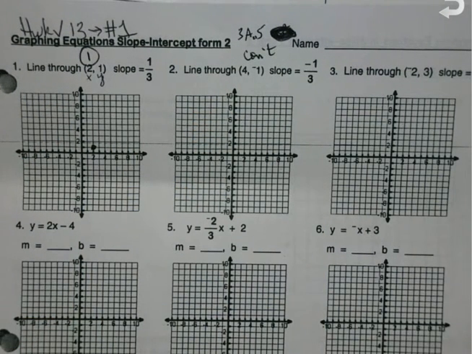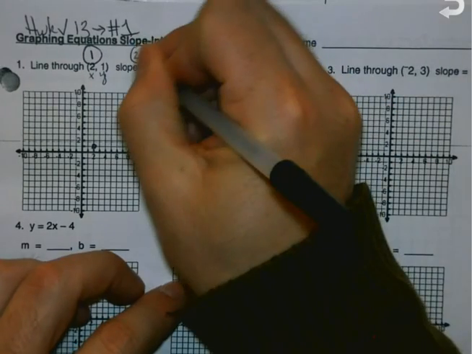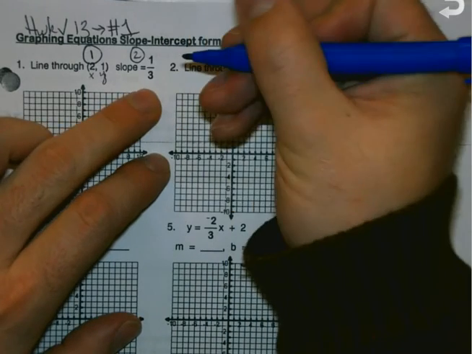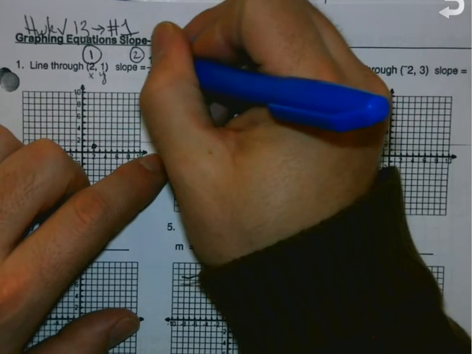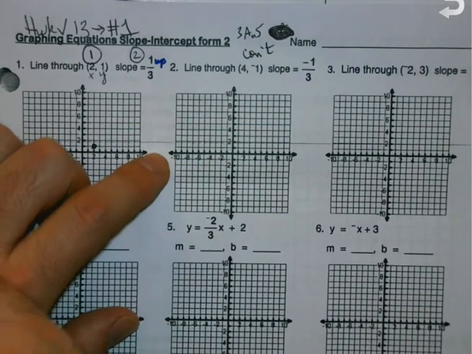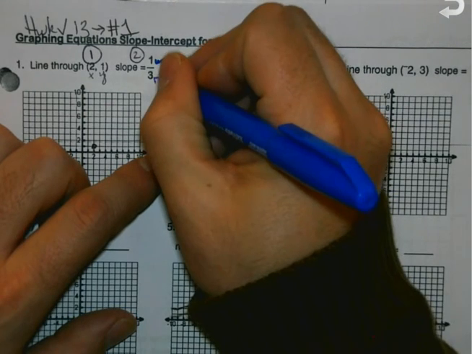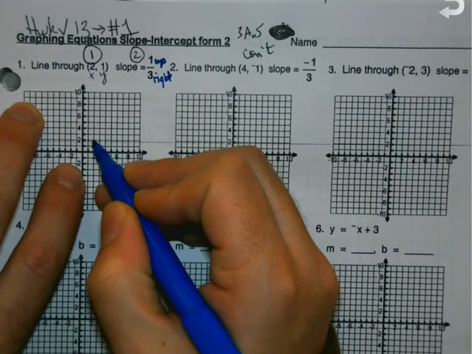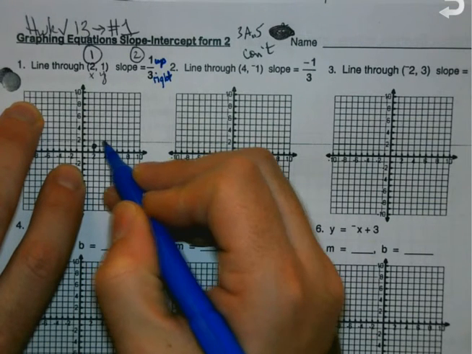Once I've plotted my point, then I'm going to go the slope from that. And again, just remember, the top number is telling me my up or down. So the 1 in this case is telling me it's going to be 1 up. And then from there, I'm going to go right 3. So from this point I already made, I'm going to go up 1 and right 3.